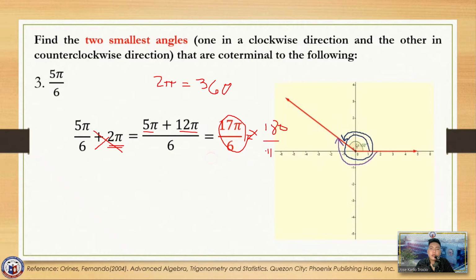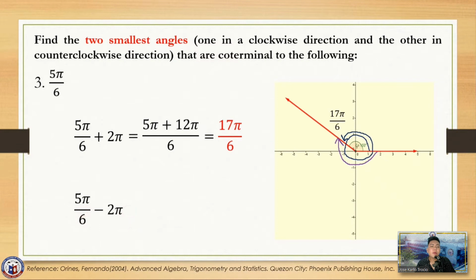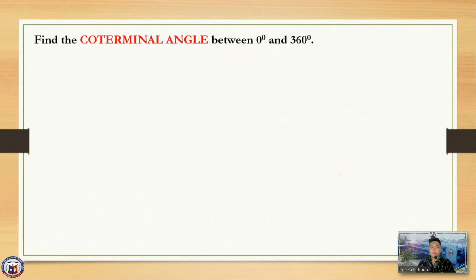Okay, I know you know how to solve it, but for now this is the final answer. Okay, how about in subtraction? The same process, that is negative 7 pi over 6. And again, if you need to find the degree, then you have to convert it, that is your challenge. Okay, convert it to degree measure.